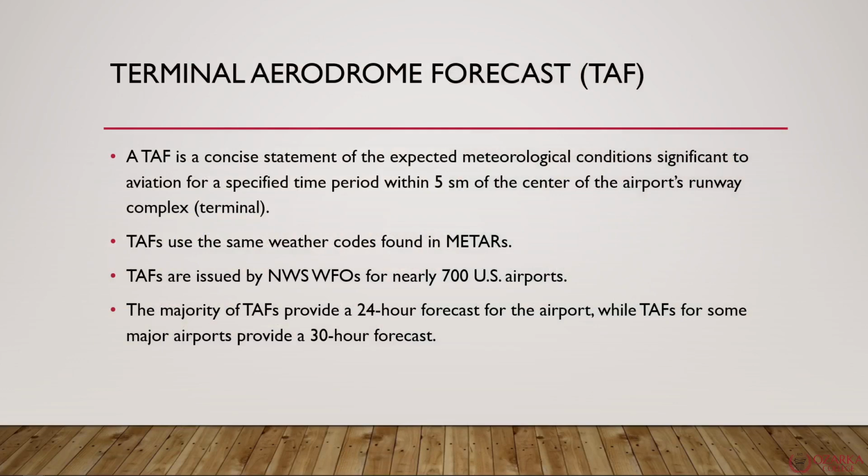TAFs use the same codes that you see in a METAR. TAFs are issued by the National Weather Service weather forecasting offices for nearly 700 U.S. airports. The majority of TAFs are 24-hour forecasts for that airport, while TAFs for some of the nation's busiest airports provide a 30-hour forecast.